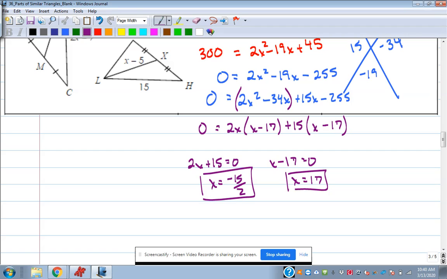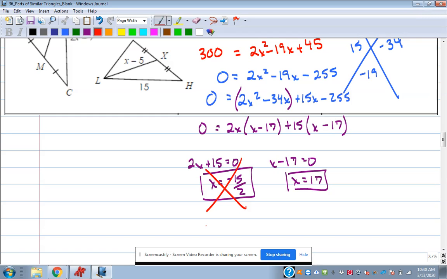Well, you tell me. Why not? And the side length, when you plug that in, stays negative, right? So they can't have a negative median length there, so that's definitely out. 17 does work, though.